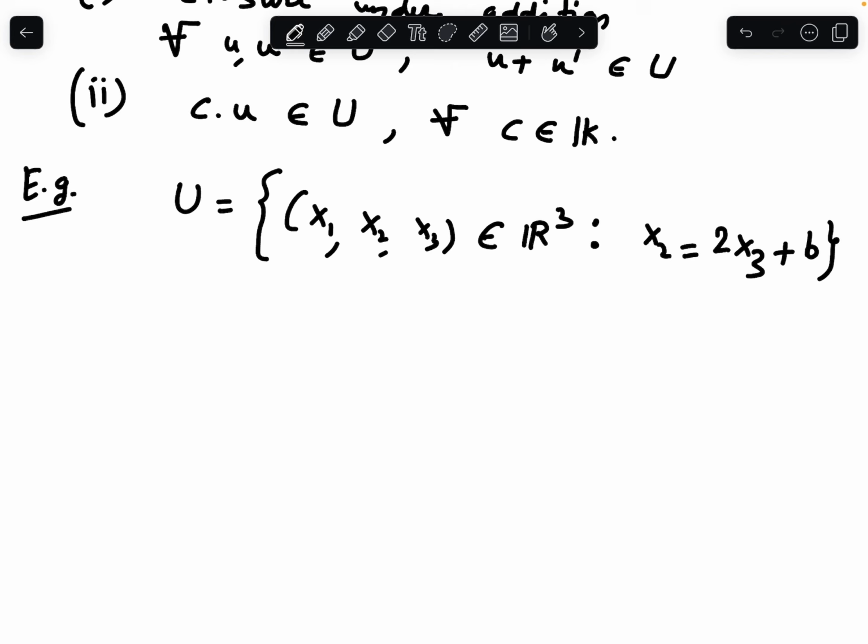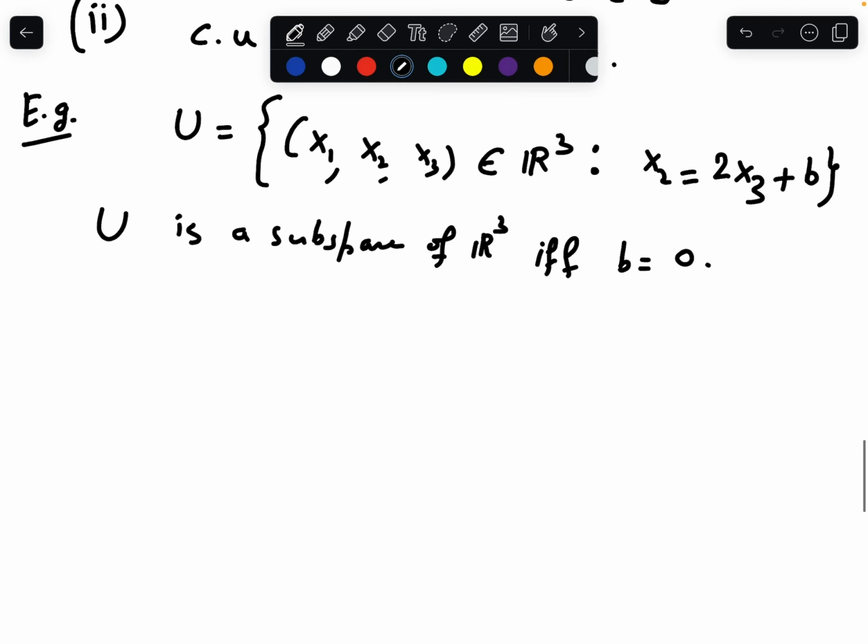So we need to show that U is a subspace of R3 if and only if b equal to 0.